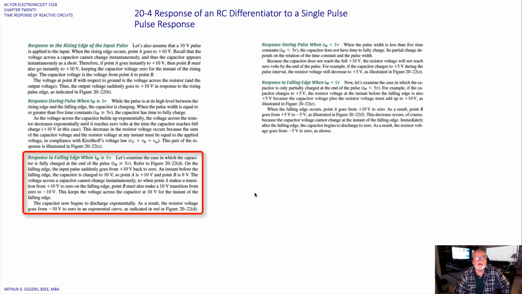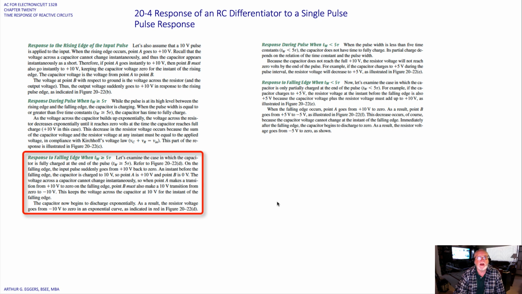So when point A makes a transition from 10 volts to 0 on the falling edge, point B must also make a 10 volt transition from 0 now to minus 10 volts. This keeps the voltage across the capacitor at 10 volts for the instant of the falling edge.